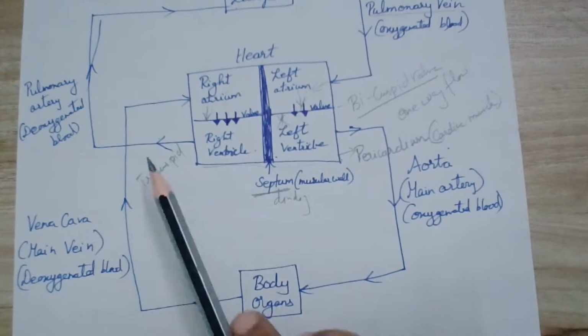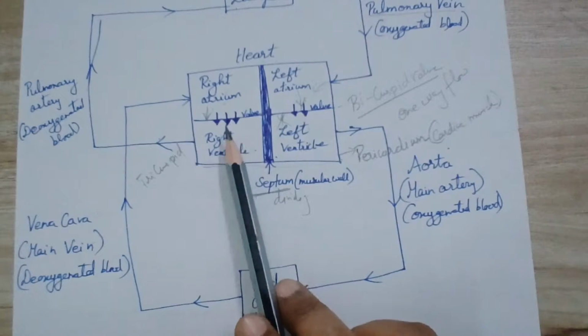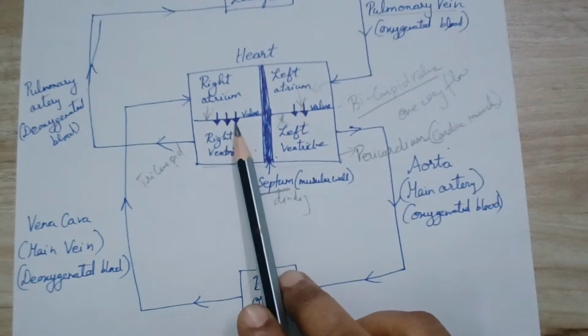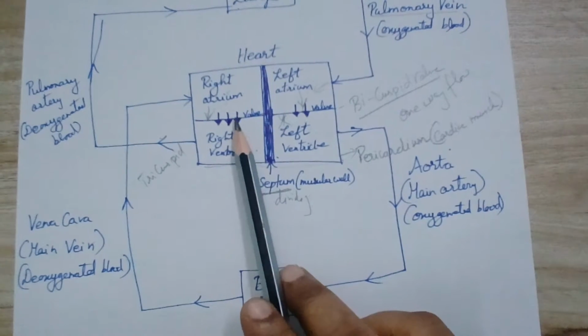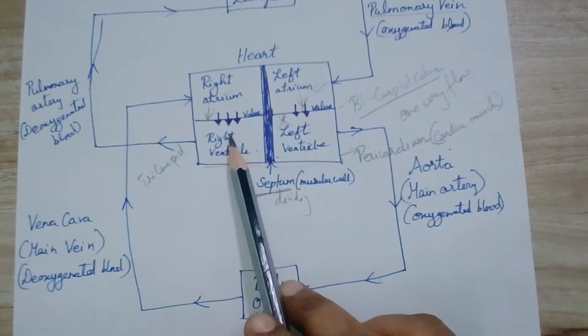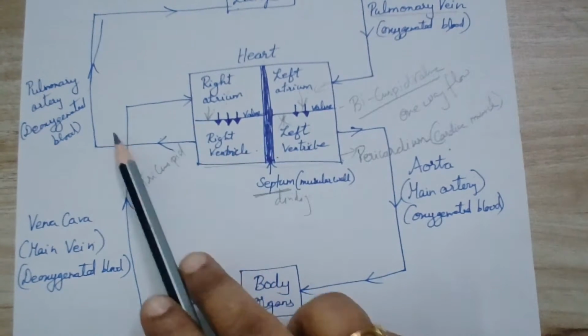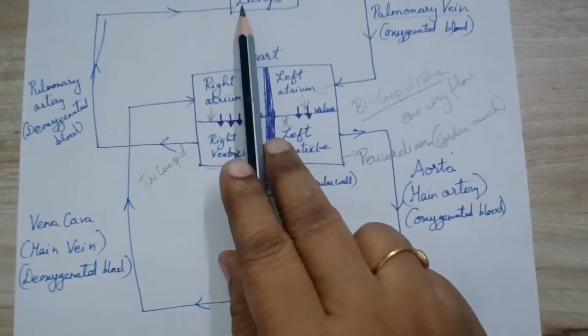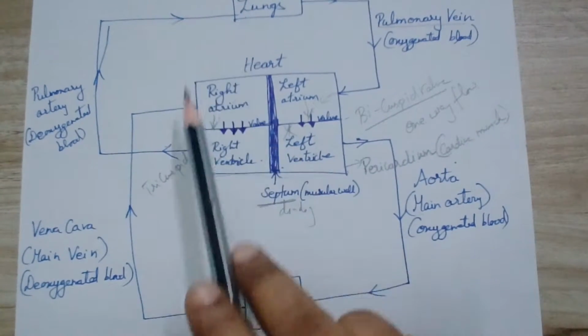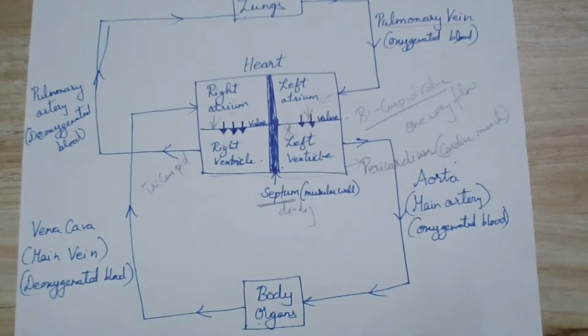This is the main vein, into the right atrium. There you have the three-cusped valve, and it enters the right ventricle, and it will be pumped to the lungs again for oxygenation through the pulmonary artery. Okay, clear on this? This is the flow chart of the circulation of blood.